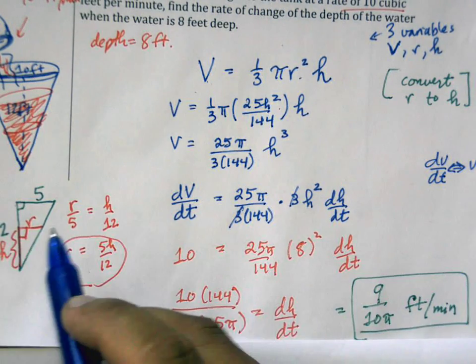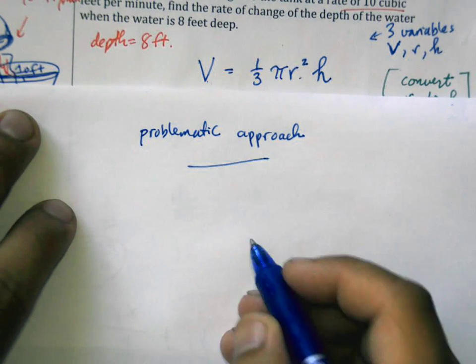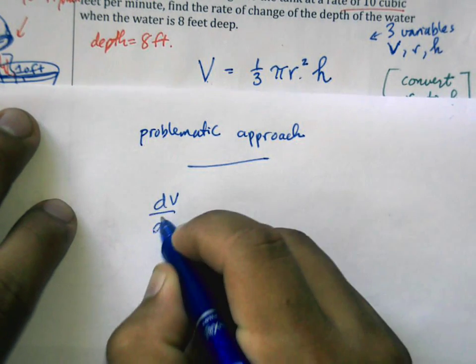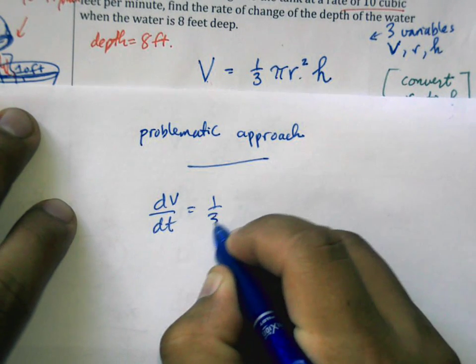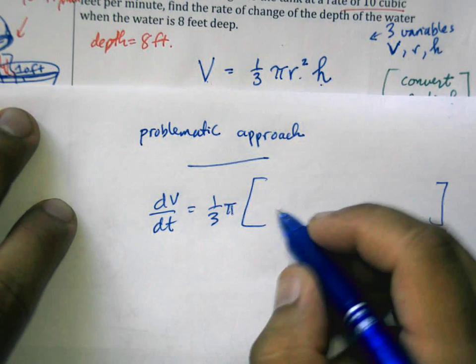So suppose we didn't convert r to h. Suppose we didn't do that. Let's take the derivative of both sides. Now we get dV over dt is equal to 1/3 pi. And now we've got to use the product rule in here.